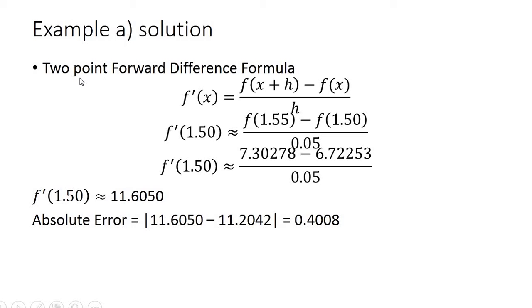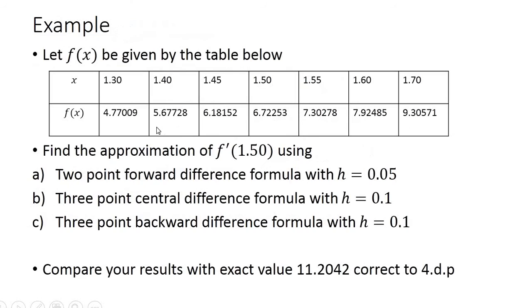So we know that the 2-point difference formula is given by f of x plus h. So this is f of x at 1.55, where x is 1.5, over h, 0.05. So f of x at 1.55 is 7.3.